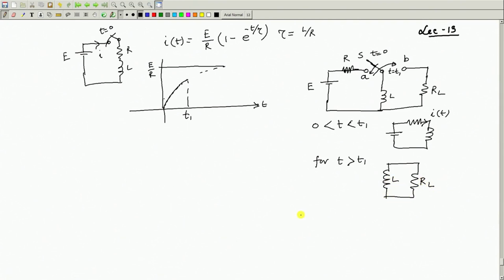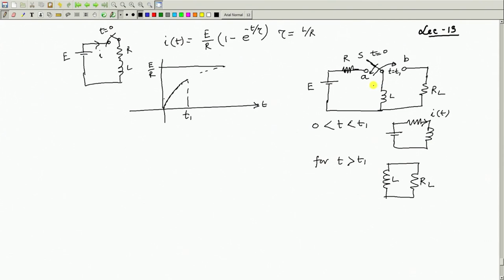Now, this example will show you that you have stored some energy in the inductor. Now, that stored energy you want to use in some load resistance, for example, for heating purposes, or it may be a small lamp, whatever it is. Whether it is possible?